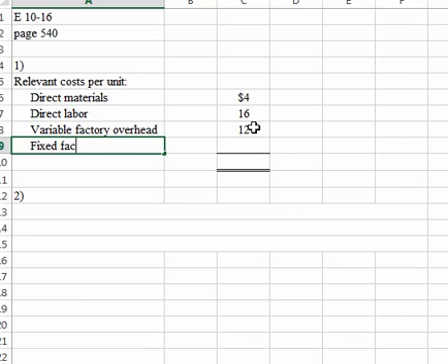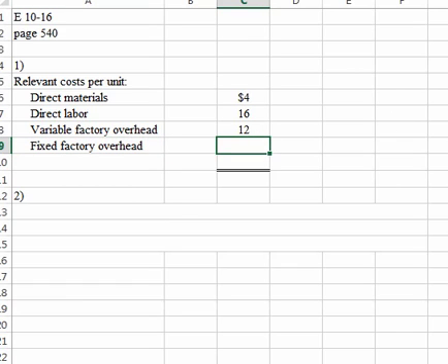And fixed factory overhead. Well, the only relevant portion here is the portion that would disappear if we bought the component part from the outside party, in this case Delta Company.